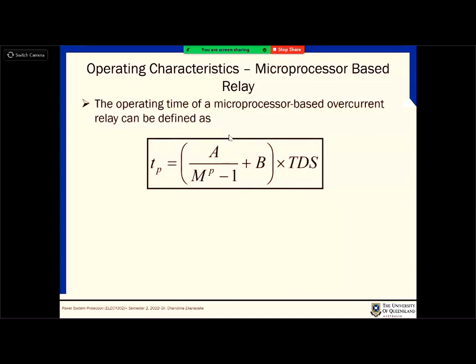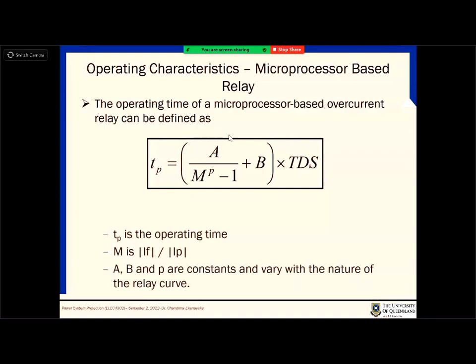So when it comes to microprocessor-based relays, you have this sort of equation, right? It's quite straightforward. A and B parameters are defined for that relay, and TP is the operating time. Let's say M is the fault current divided by the pickup current, same as the plug setting multiplier.